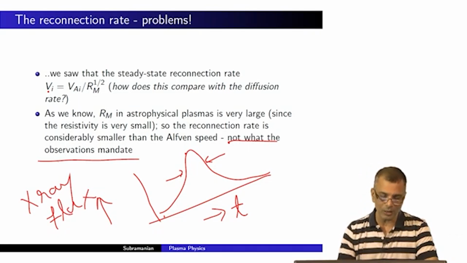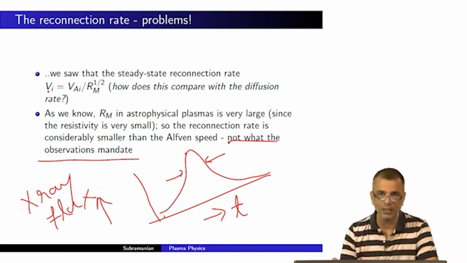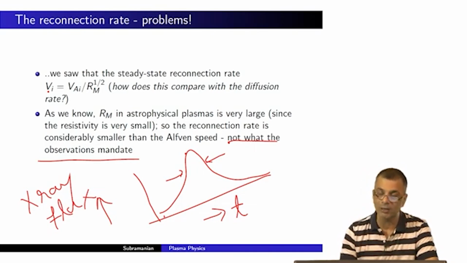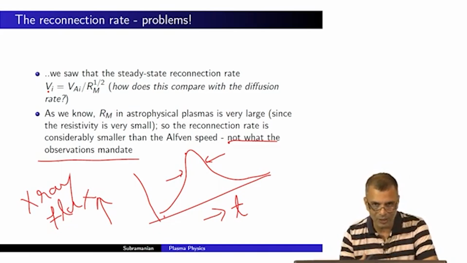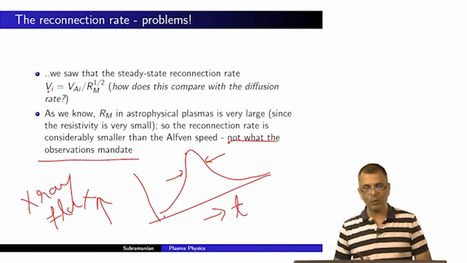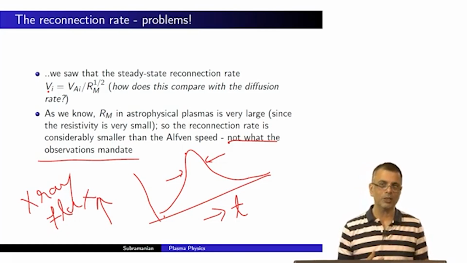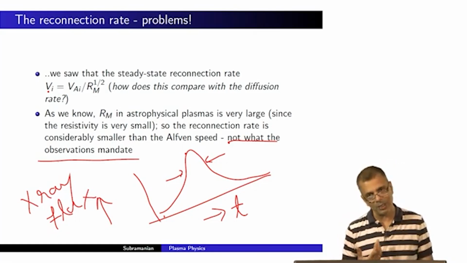But mind you, it's a very indirect thing to relate this time scale to anything like the reconnection time scale. The line of reasoning is as follows. Who was responsible for heating the plasma? We are holding the reconnection process to be responsible for heating the plasma, isn't it?